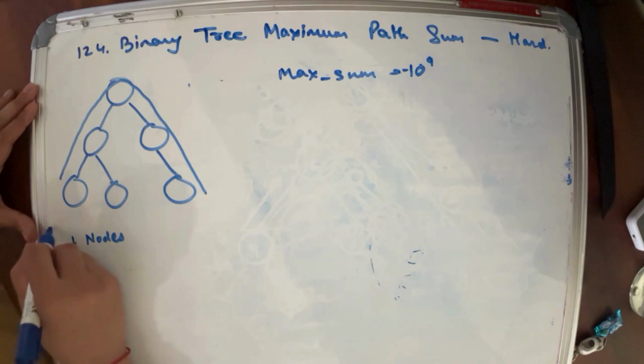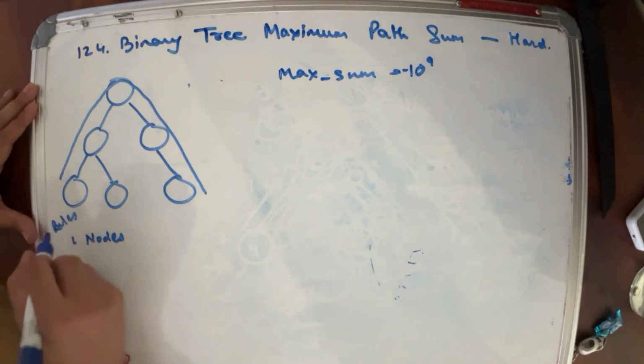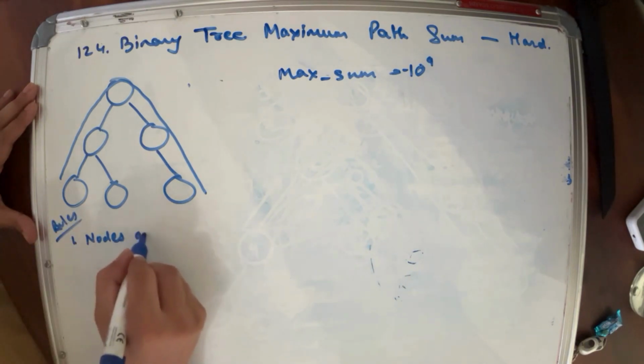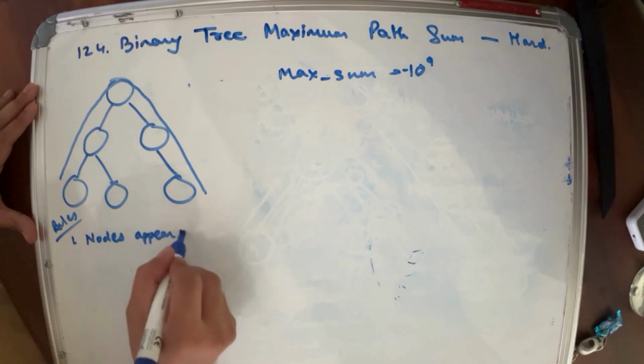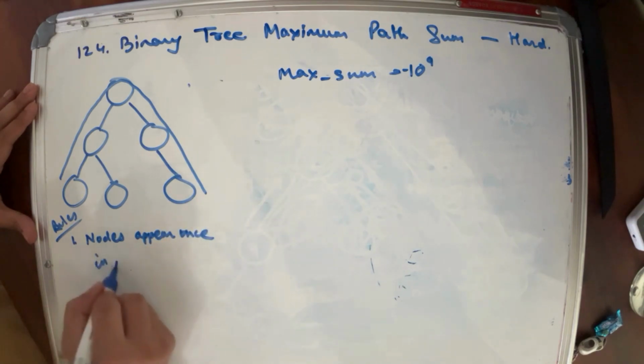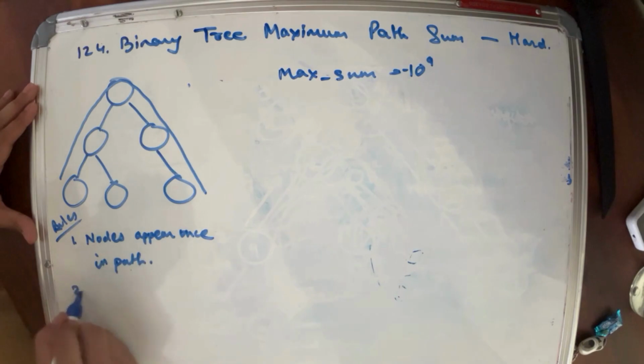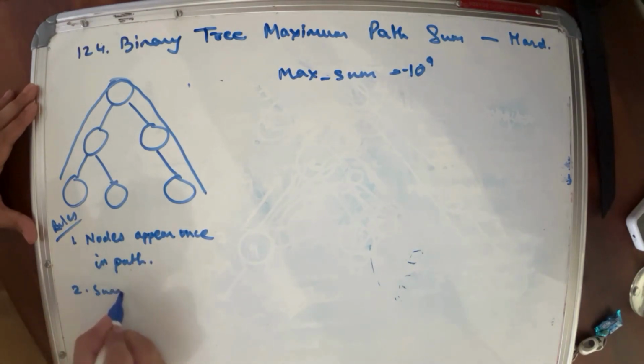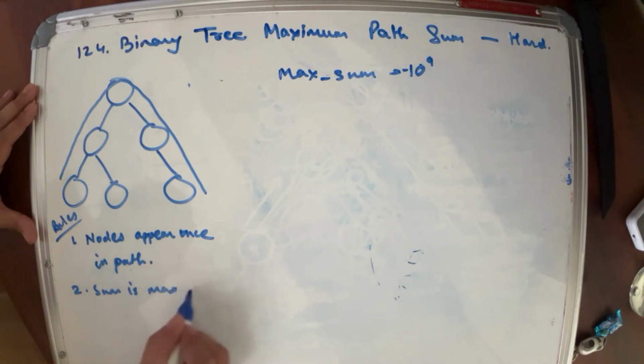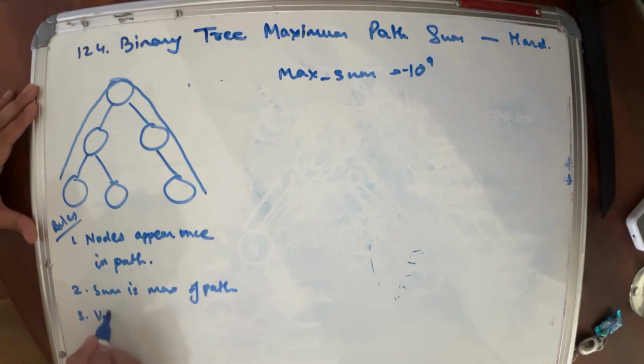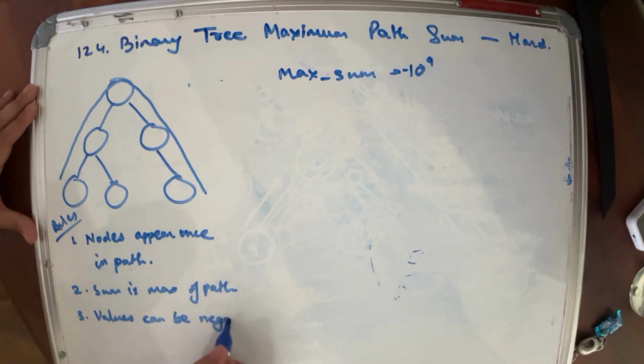These are our rules for the problem. Nodes appear once in path. Sum is max of path. Values can be negative, and it has to get at least one path.